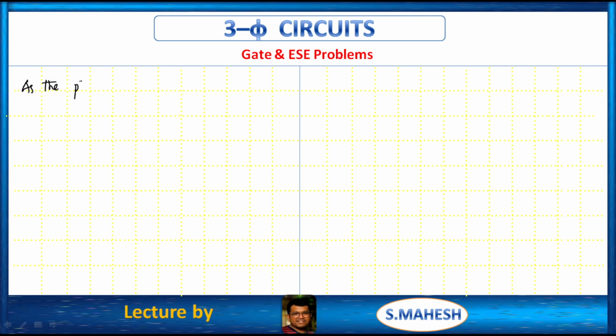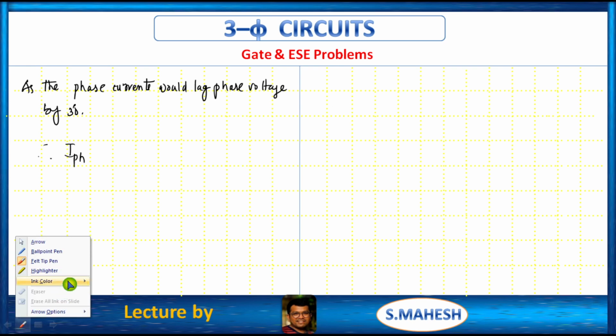As the phase currents would lag phase voltage by 30 degrees, therefore phase current, which is equal to what?